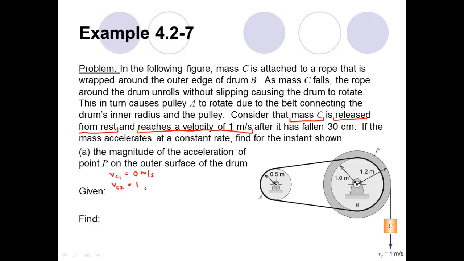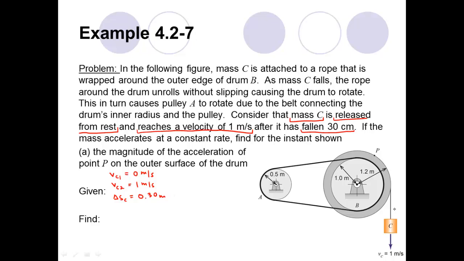So that's its velocity at state 2 after it has fallen 30 centimeters. So that mass C displaces 30 centimeters, which is the same as 0.30 meters.